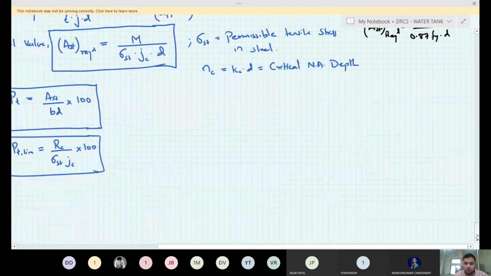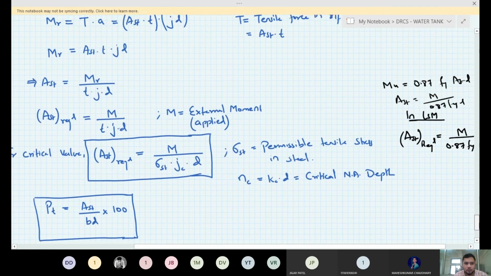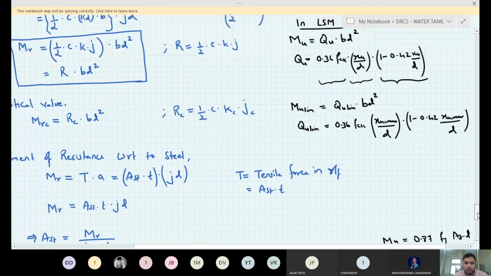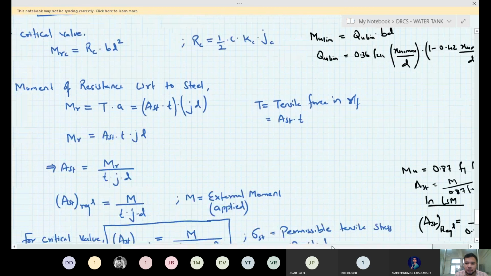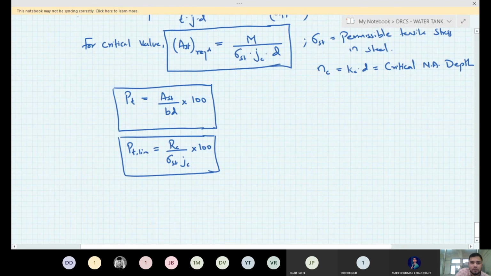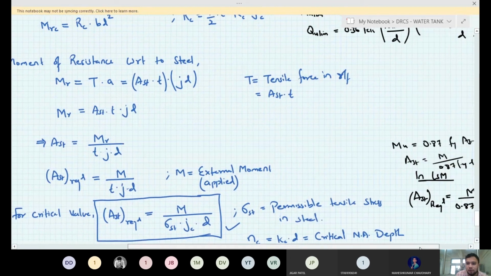Okay, so here MR are the same only. So that's it. You have to remember these formulas for the design purpose. Sometimes this formula also in working stress philosophy is analogous to the limit state philosophy.